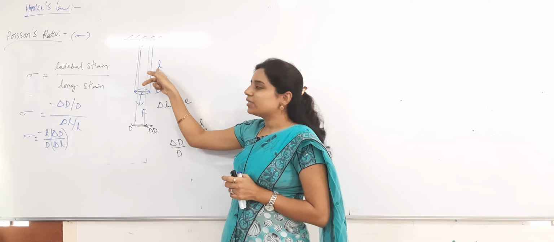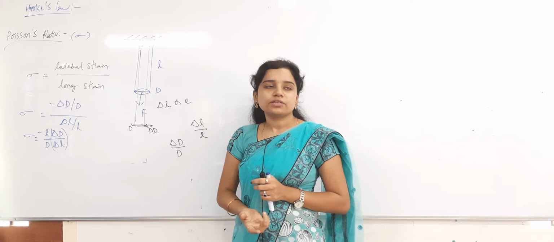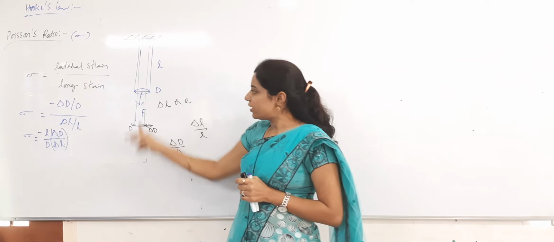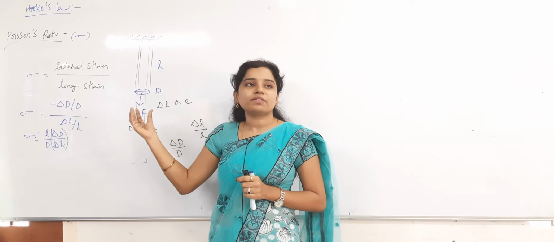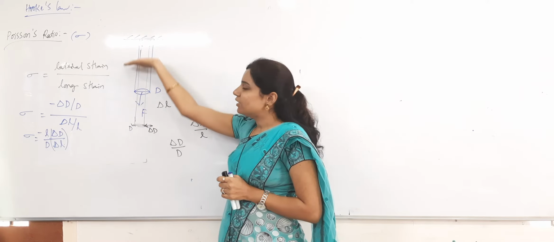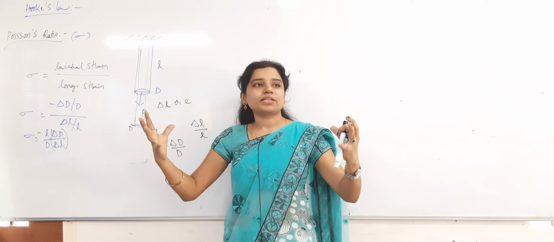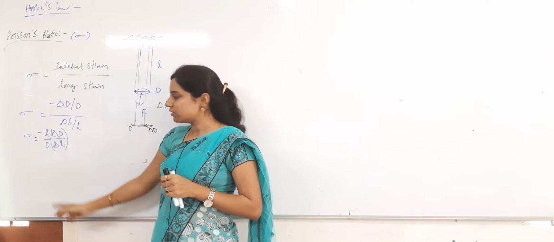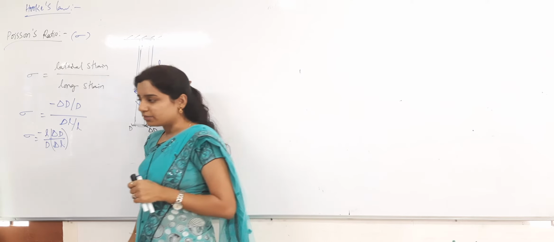Delta L divided by L is the longitudinal strain. The ratio of those two is known as Poisson's ratio. If one quantity is increasing, another will automatically decrease. In case of compression, length will decrease but the diameter will increase. So always they will be opposite to each other. This is the Poisson's ratio.